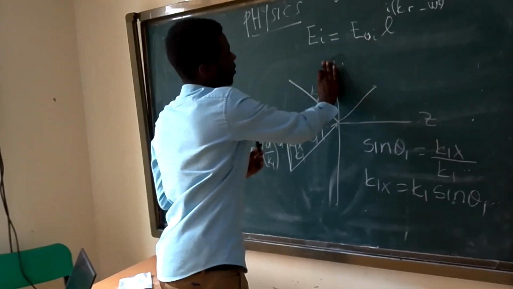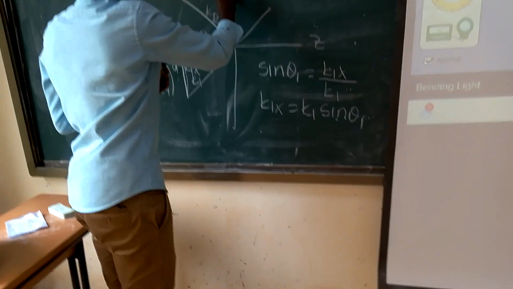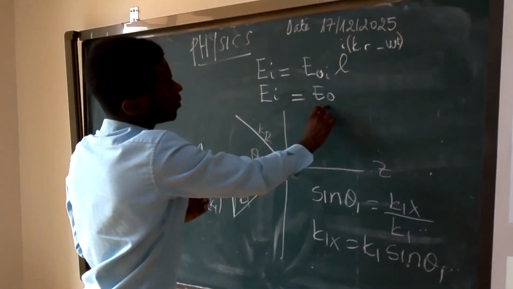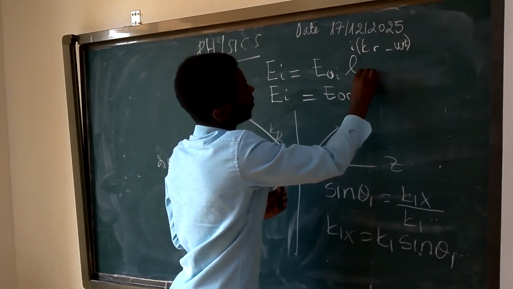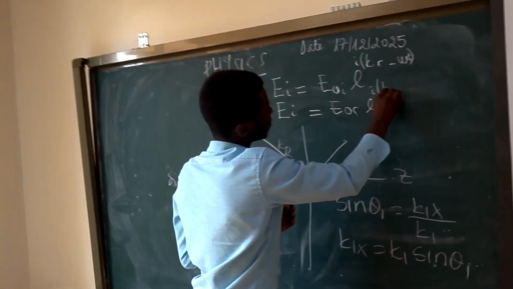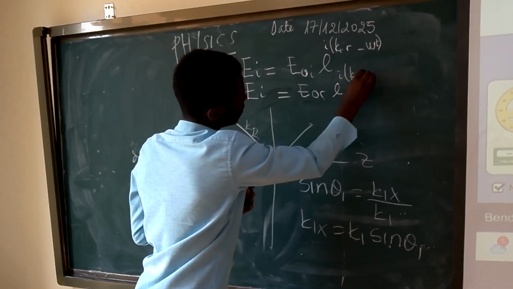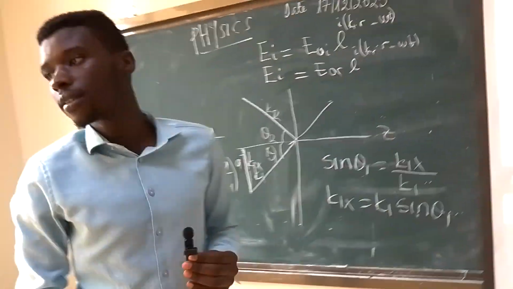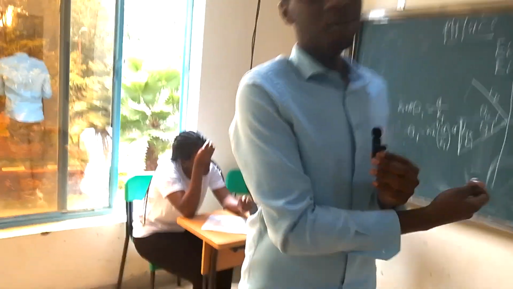And for the reflected wave, it can be represented by the amplitude E_R, then e to the i(k_R·r − ωt). You can use this to derive.